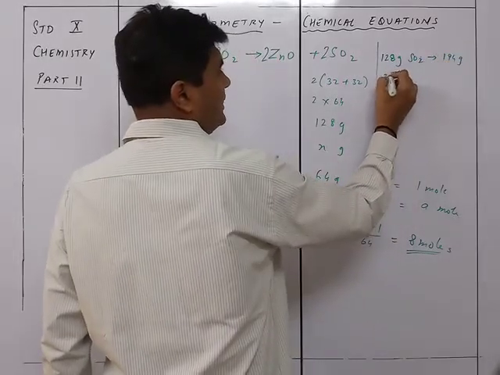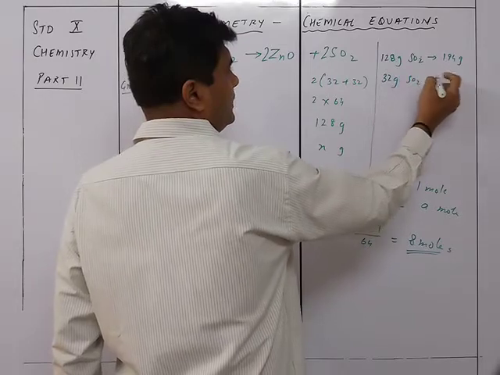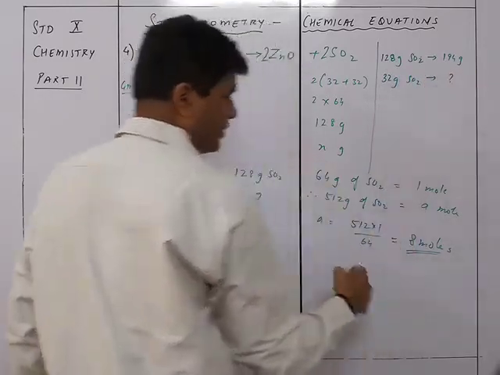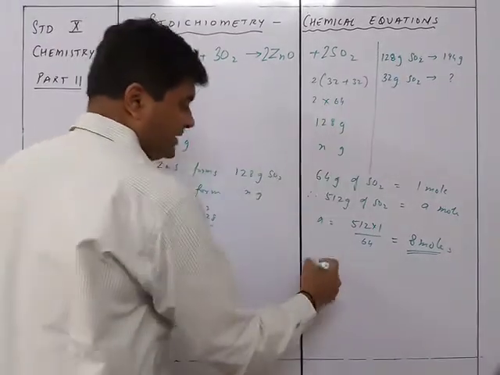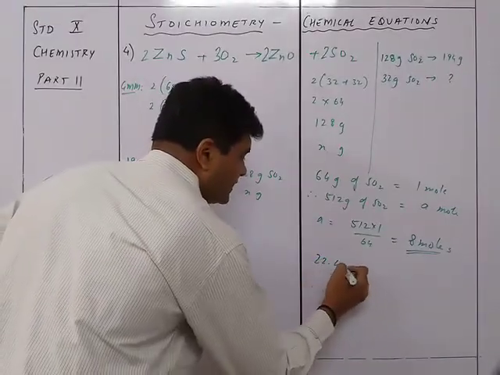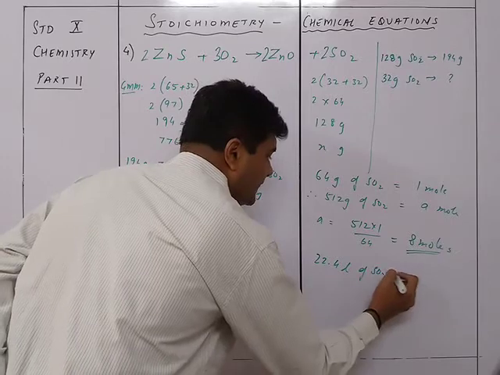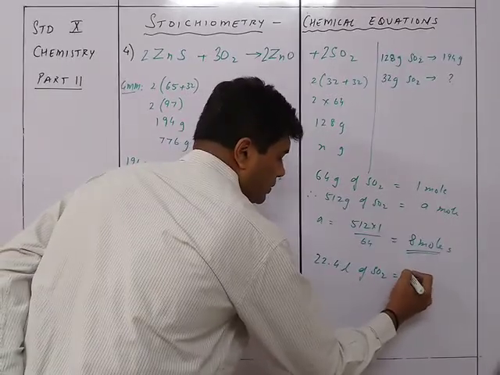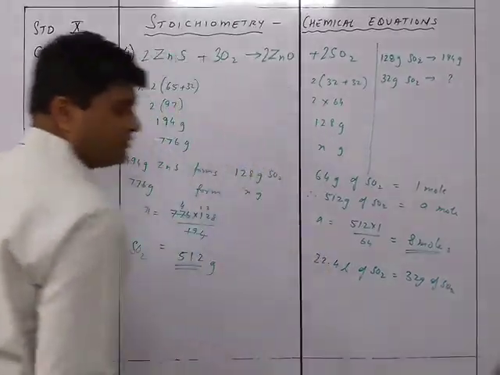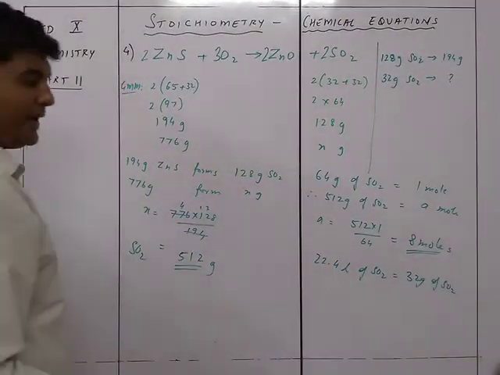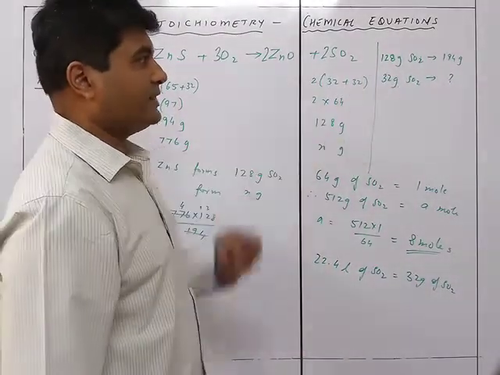Therefore, how much does the given amount of SO2 require? That is, 22.4 liters of SO2 is equal to 32 grams of SO2, because of the GMM of SO2 being 32 grams.